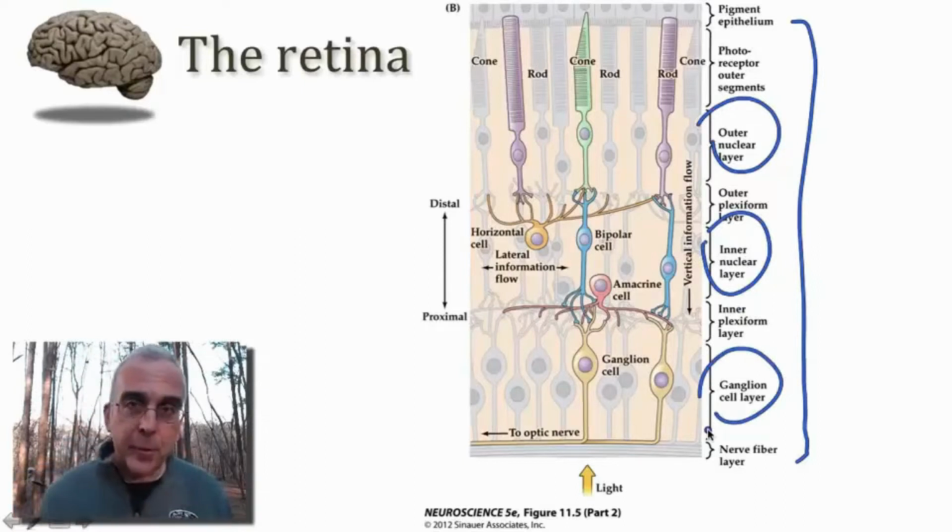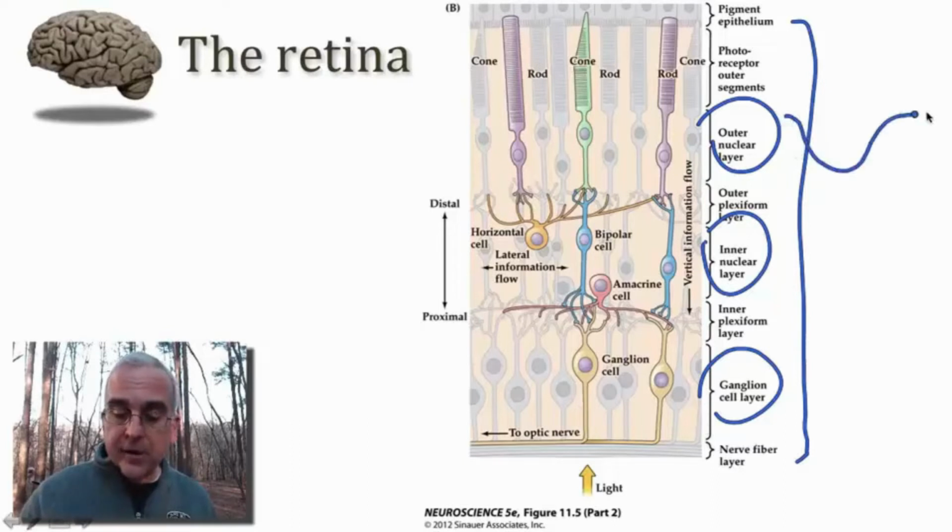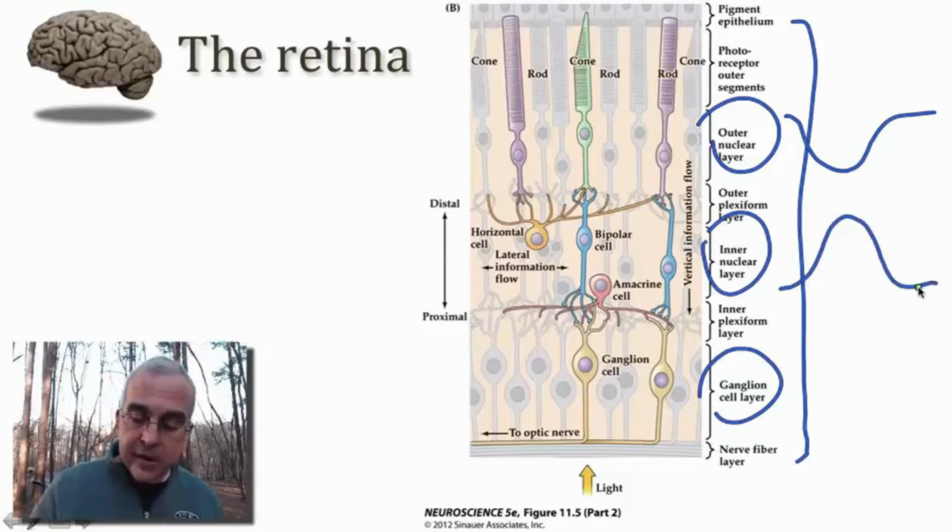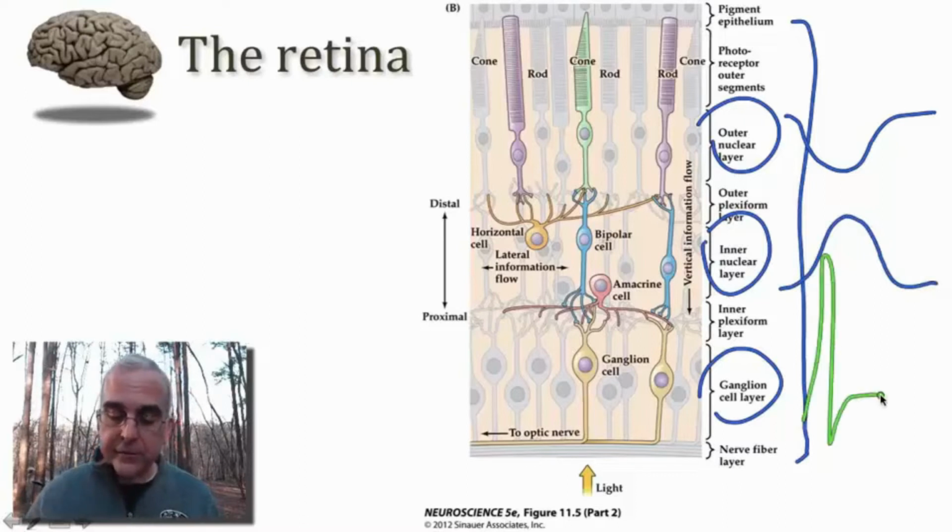However, it's quite a different story when we're talking about getting signals from the retina back into the brain. So as a result, what we've discovered electrophysiologically is that photoreceptors generate graded potentials. Bipolar cells generate graded potentials, but ganglion cells, they generate action potentials.